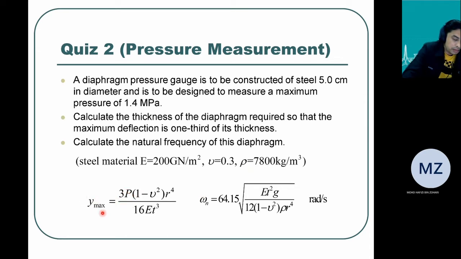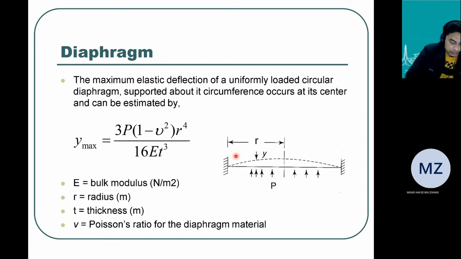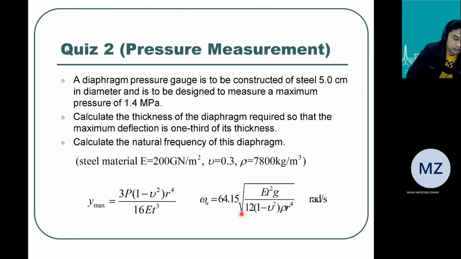Y max can be changed to 1/3 t, like in the previous slide, since y must be less than 1/3 of the thickness. So we convert this equation and rearrange, letting t be the main unknown to be calculated, and you can find the answer for the thickness.